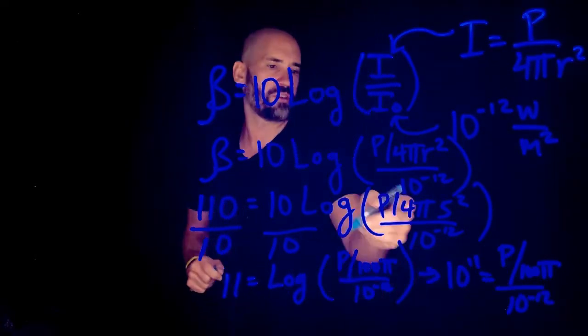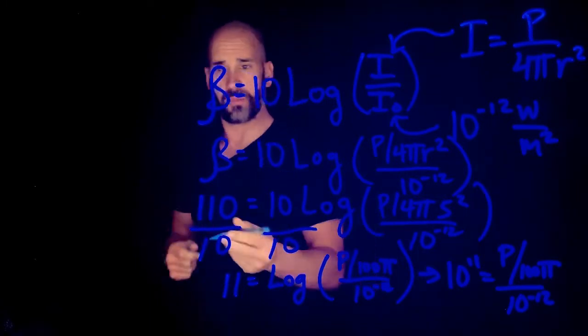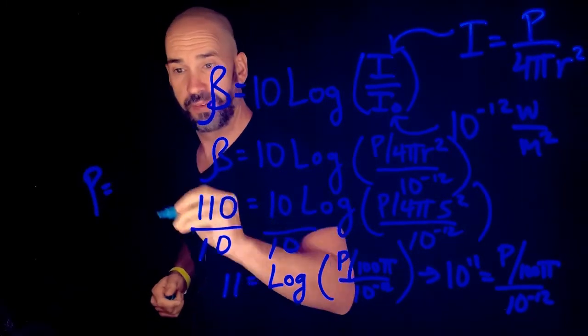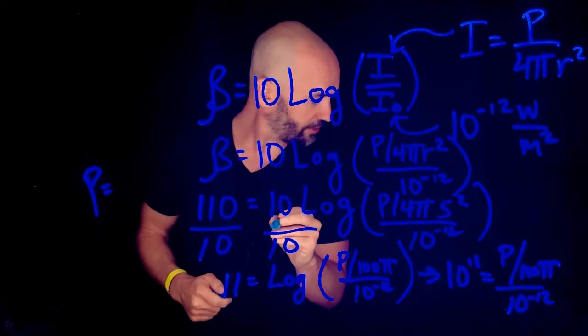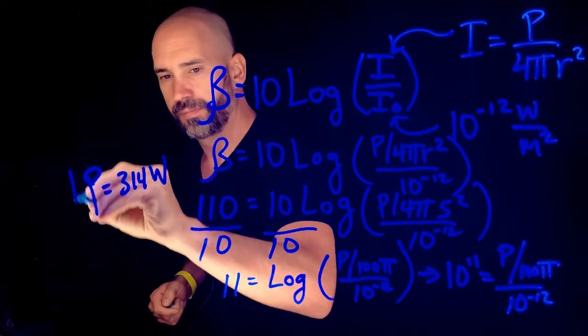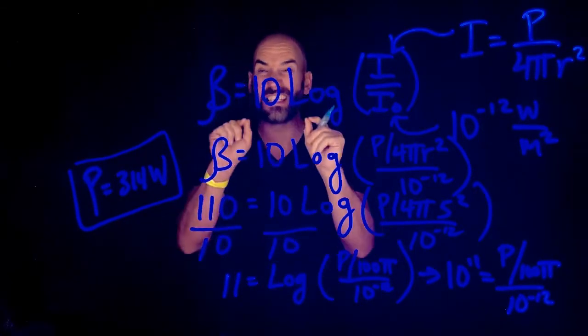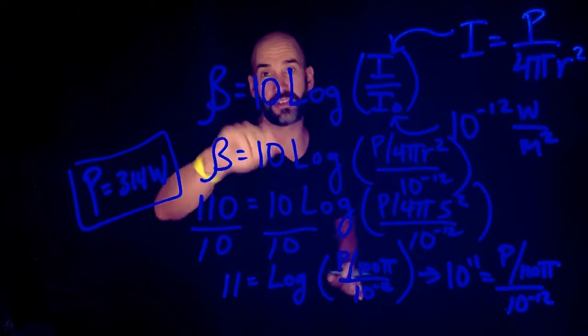Then I would just multiply both sides by 10 to the minus 12 and solve for P. The power that I get is 314 watts. So that's the power that these speakers are thrashing this music out at.